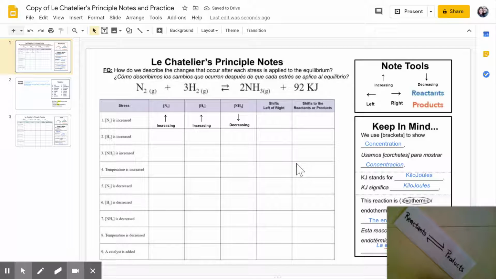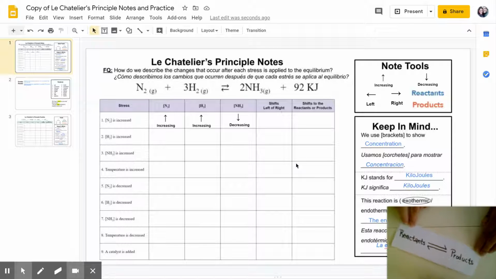Now, it's important for us to visualize that the reactants have increased and the products have decreased, because this is going to tell us how equilibrium is going to shift. In order for this to go back to normal, back to equilibrium, to where the concentration of the reactants is not changing and the concentration of the products is not changing, we saw that something had to happen, okay?